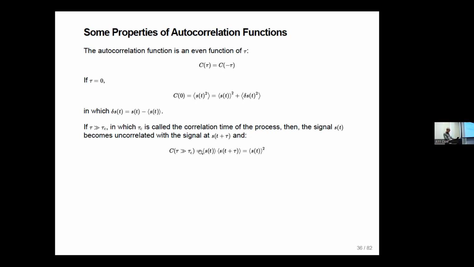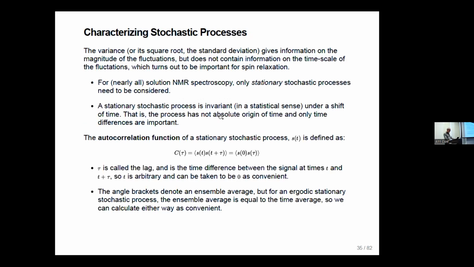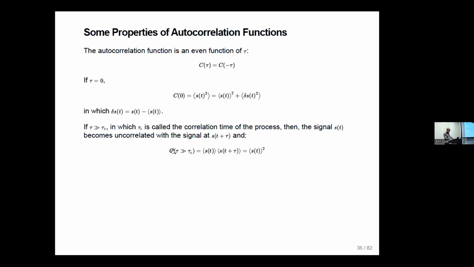But if that's the case, then here, knowing the signal at time t provides no information about the signal at time t plus tau. They're independent of each other for long taus, and that means we can average independently.